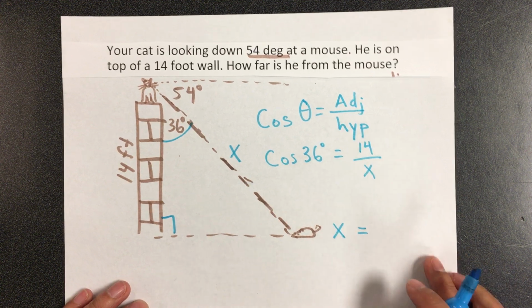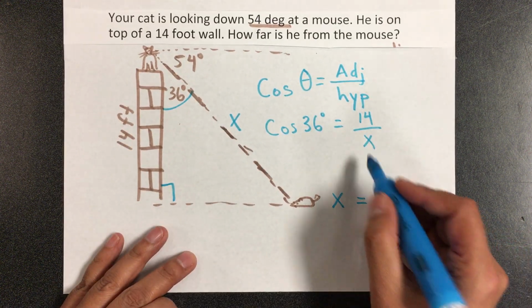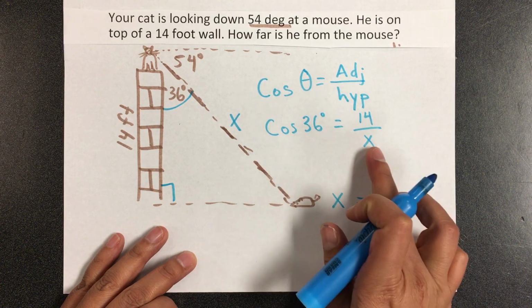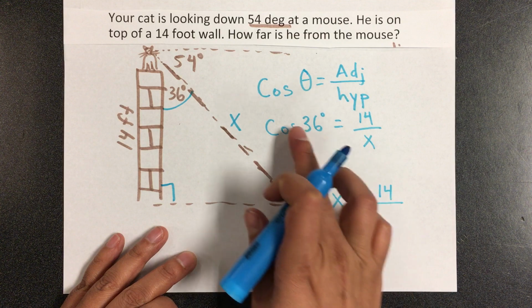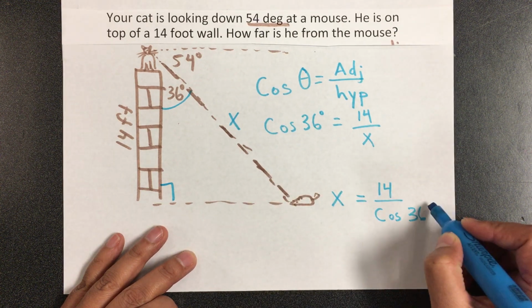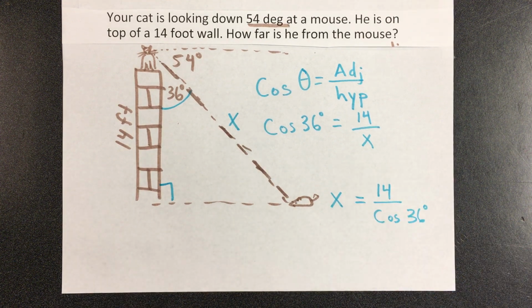So x is equal to 14 over cosine of 36, so we're switching the x and the cosine of 36. Okay, and now we just divide.